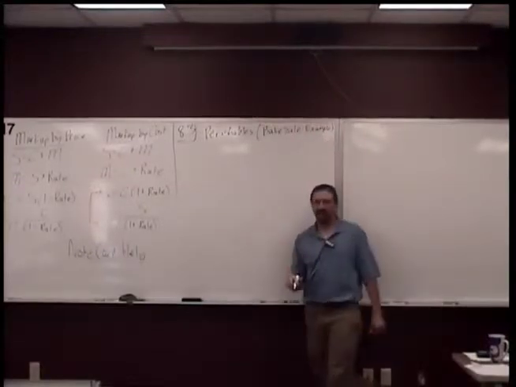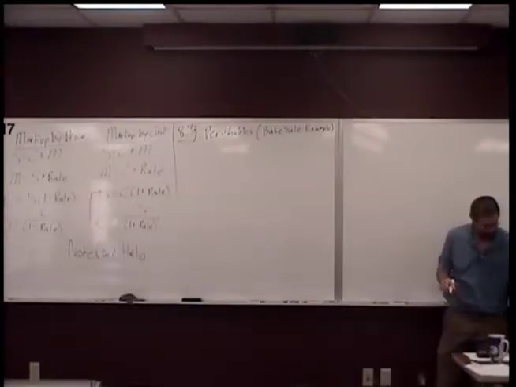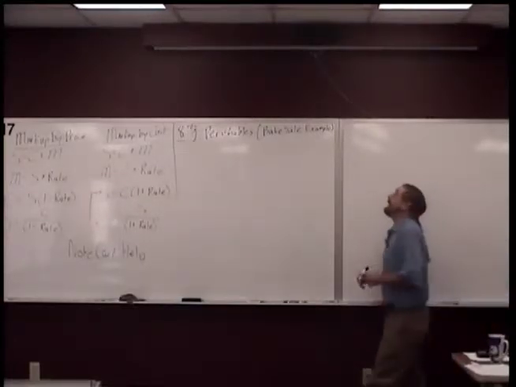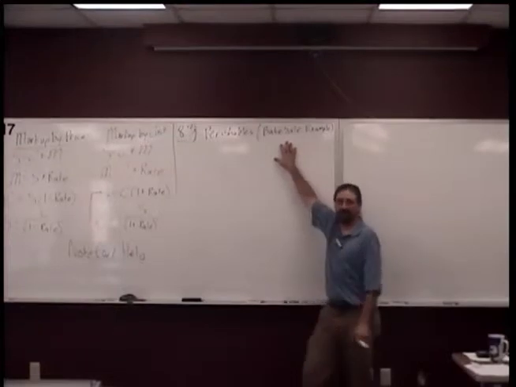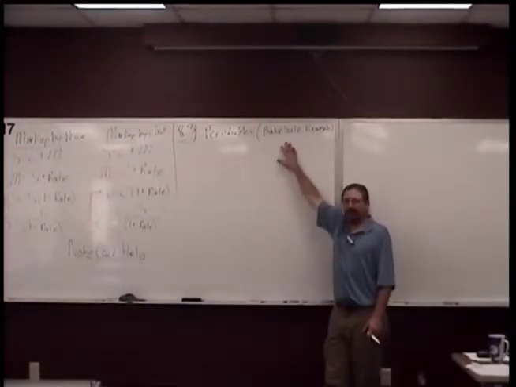I like to think of it as the bake sale example. If you read the text in this section, they're going to give you a formula that I don't particularly like.